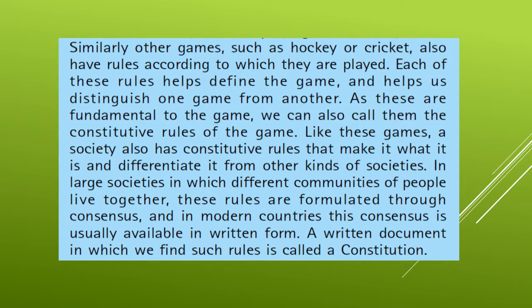A written document in which we find such rules is called a constitution. So simply we can say that a constitution is a written document in which we find some rules for the country. And in an easy manner, we can say that the constitution is the law of the particular land.